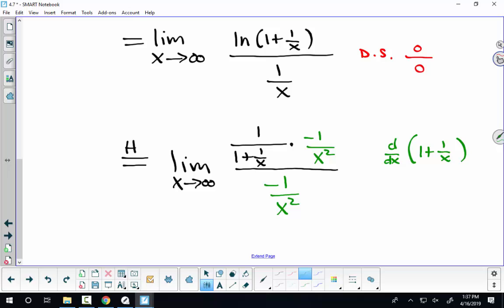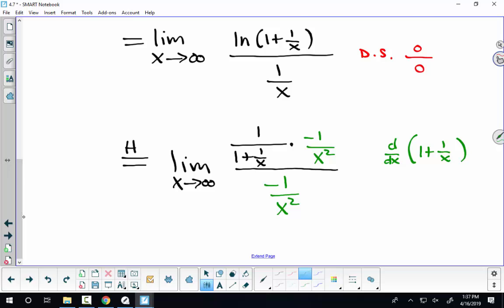If we just write out the derivative of the top over the derivative of the bottom, then we can have a bigger picture of what's happening. If, for instance, these two factors of negative 1 over x squared didn't cancel, then it would probably be a good time to either try multiplying through on top, or whatever the denominator is, especially if it's a fraction, multiplying by the reciprocal on top and bottom.